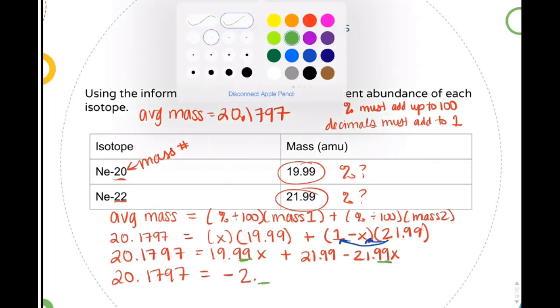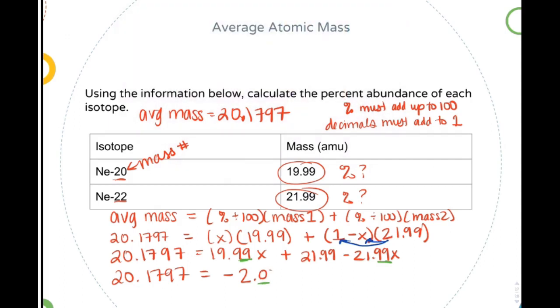And so I'm going to keep 2.00 here. Plus 21.99. So I'll just combine the x terms. 19.99 minus 21.99 is negative 2.00. And now I can, oops, that should be x. And now I can combine the rest of this.